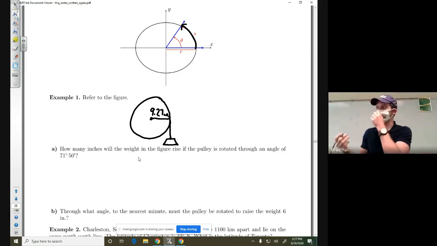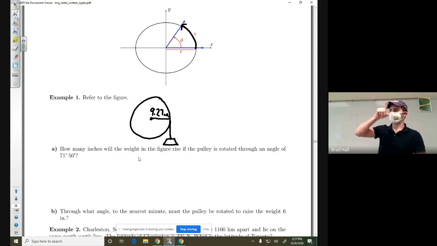So it's a pulley system. Think about it as just a wheel with a weight attached to a rope. And all it does, as a pulley does, is that as it rotates, the weight will simply go up or down. That's pretty much it.